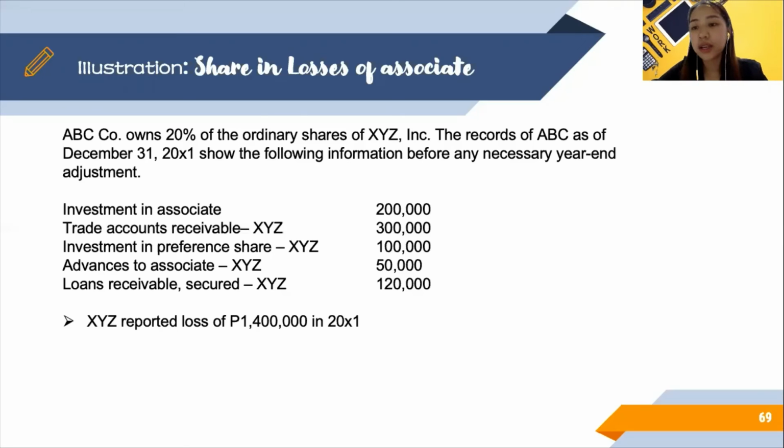Yung interest in the associate na sinasabi ko is yan lang yung nabanggit ko kanina. Ang kasama lang diyan is yung carrying amount ng investment in associate at yung share in other long-term interest in the associate such as the long-term receivable, yung loans, advances, at yung investment in preference share.